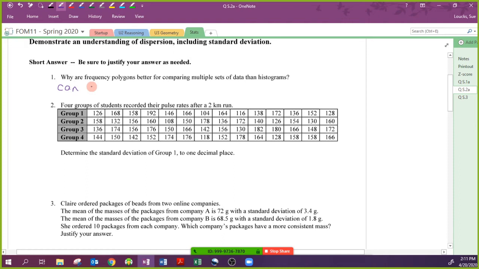You can put multiple data sets on one graph.